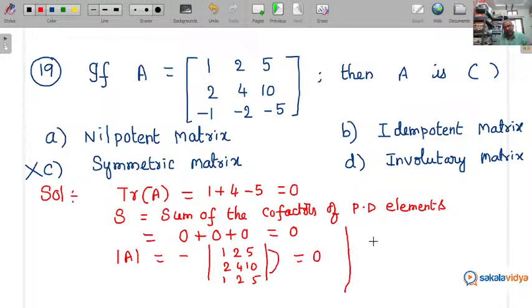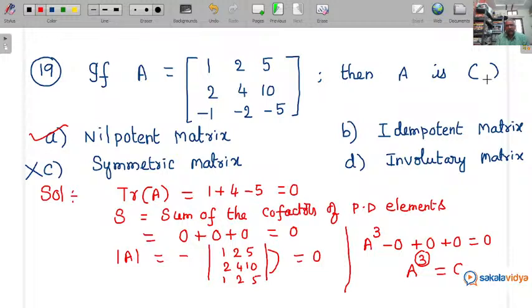Now the characteristic equation becomes A cube minus trace A, that is also 0, next sum of the cofactors into A, minus det A, 0, is equal to O. So A cube is equal to O. A cube is equal to O means A is a nilpotent matrix of index 3.